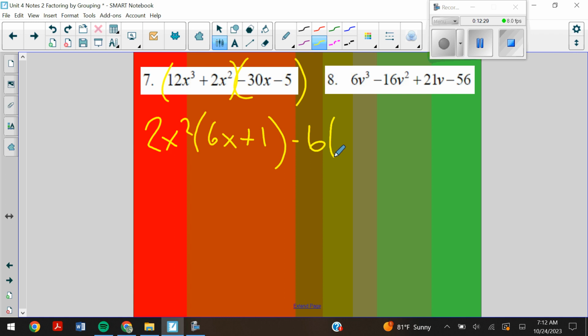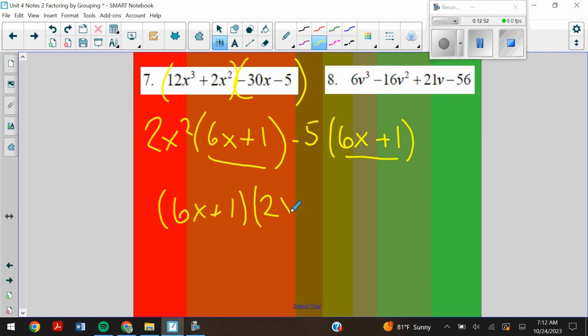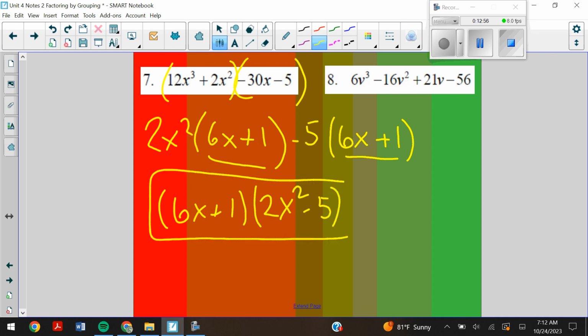Okay? Plus 1. Negative 5 divided by negative 5 turns into a positive 1. Okay, so we have leftover match, and then our other piece is x squared minus 5. Again, it doesn't matter which set of parentheses goes first.